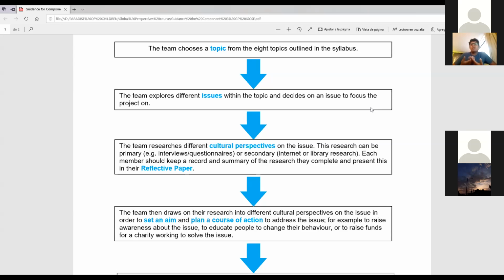Okay, after you have selected one issue, of course, when you explore one topic, you're going to get not only 1 but 2 or 3 issues, and not only 1, 2, 3, 4, 5. We even practiced you exploring 15 or 20 different issues of one topic, so you know how to do it.